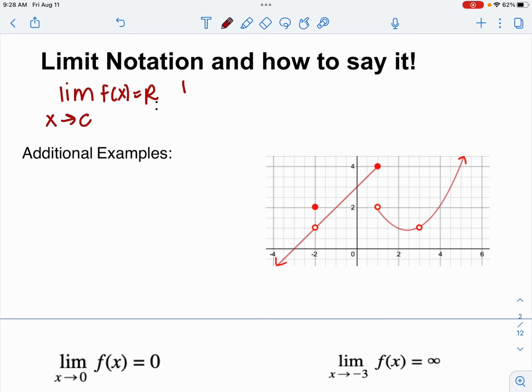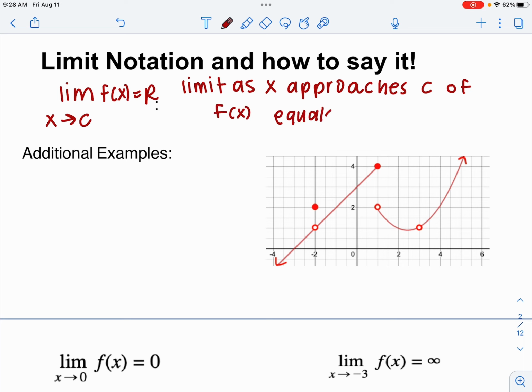I would say this is the limit as x approaches C of f of x equals, or you could also say is, R.